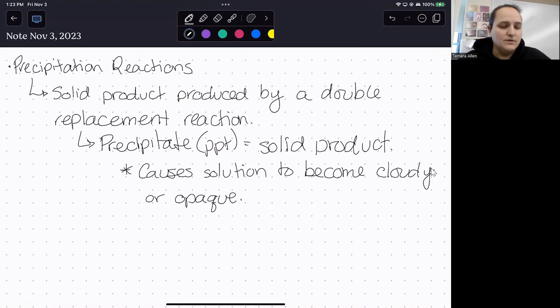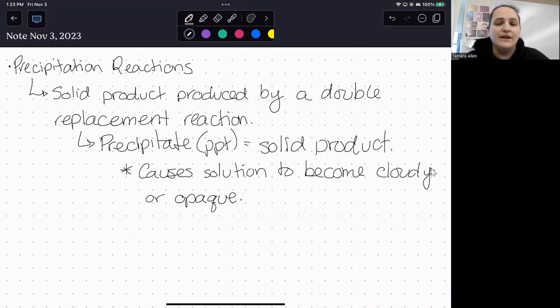Because those substances are dissolved, the solutions are clear, they are translucent. They may be colored, but they are see-through. When you mix two clear solutions together and all of a sudden it becomes cloudy or opaque, that is how you know that a precipitation reaction has happened.